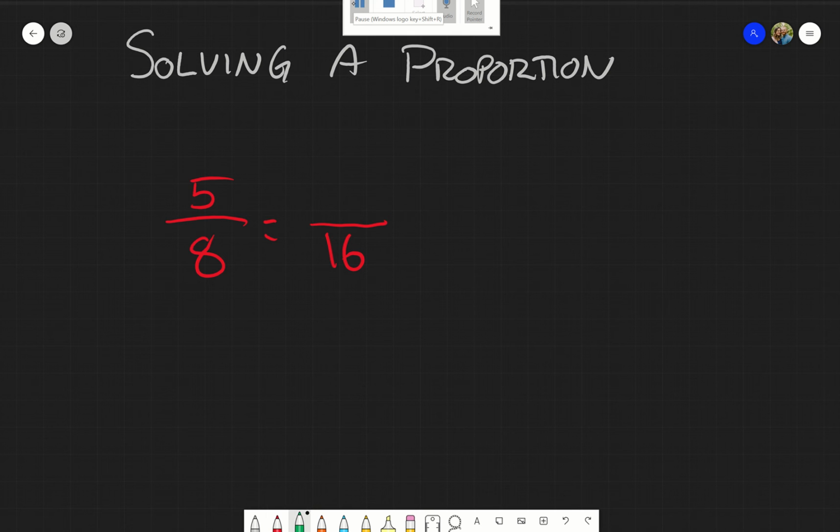When we don't know an amount, we put an x here. So we don't know how many 16ths there are, but we do know that there's some amount of 16ths.